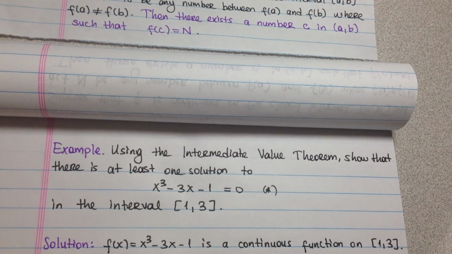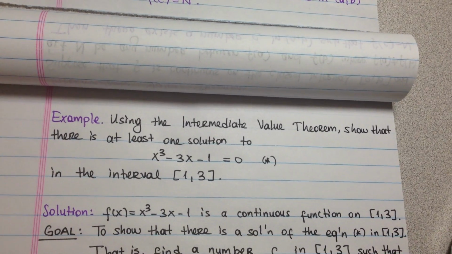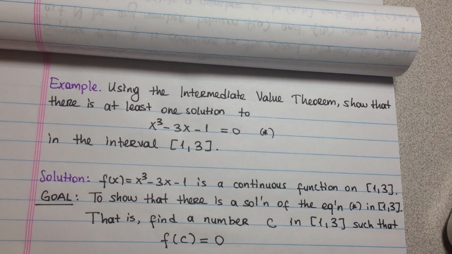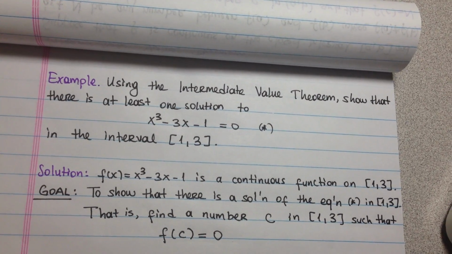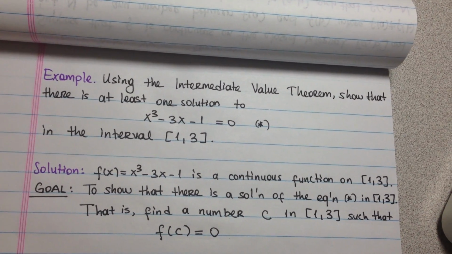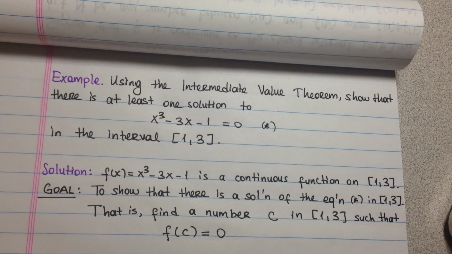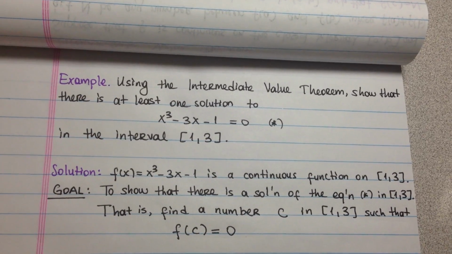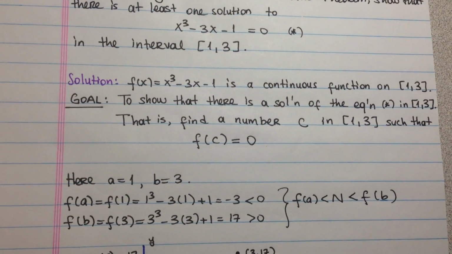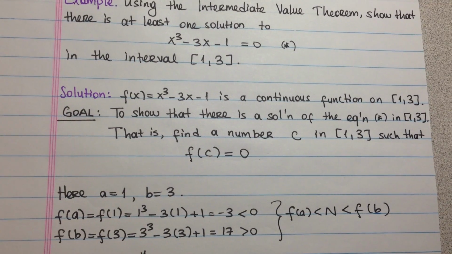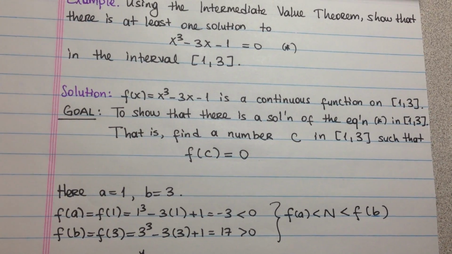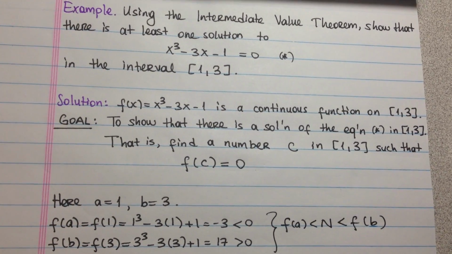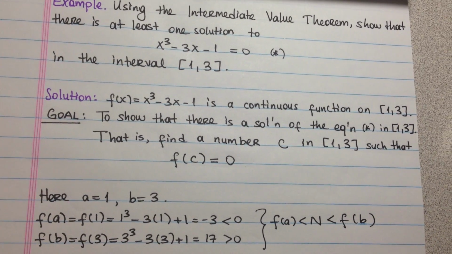We have a continuous function, and now remember our goal. We have to show that there is a solution of the given equation in that closed interval. In other words, we have to find the number c such that f(c) equals 0 in the interval 1 to 3. Note that a equals 1 and b equals 3 here, and f(1) is negative 3, f(3) is 17. f(1) is a negative number, f(3) is a positive number.